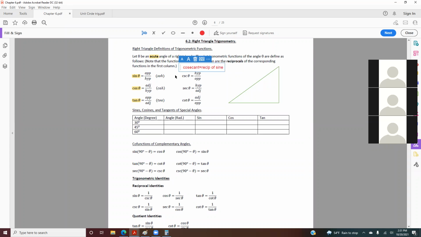You guys know what it means when I say reciprocal of sine? That means the value will be switched. So if sine 30 degrees is 1/2, then cosecant 30 degrees is 2. If you flip it, it becomes 2. You just flip-flop the value.